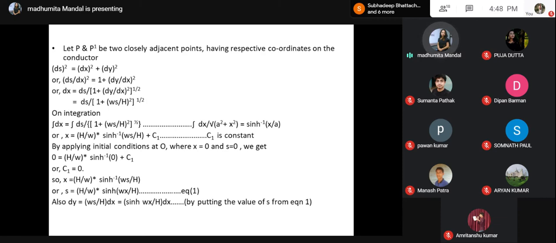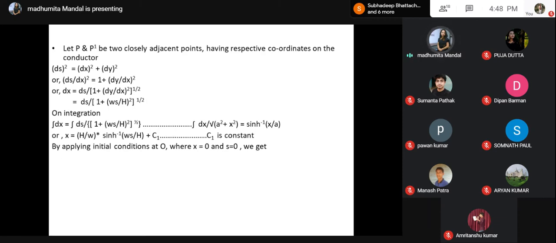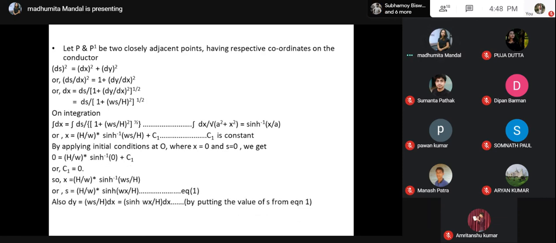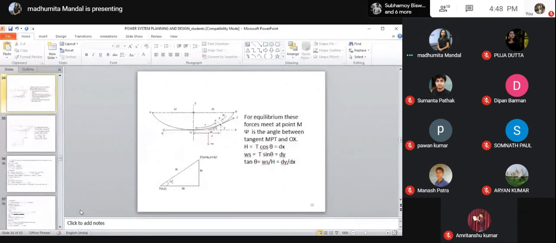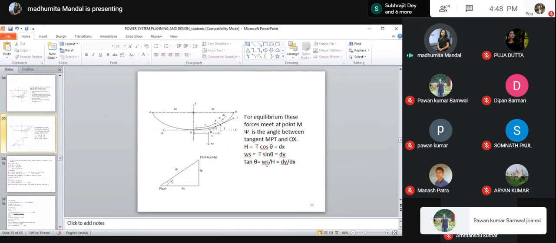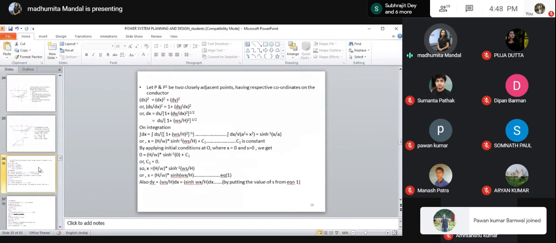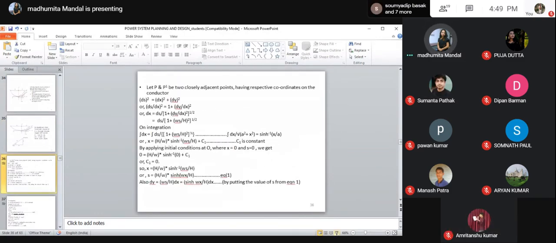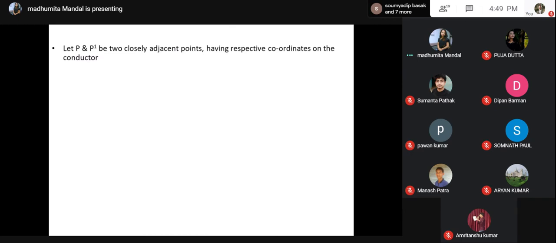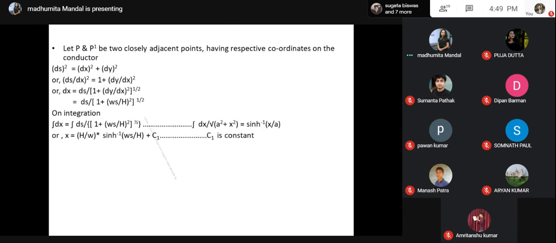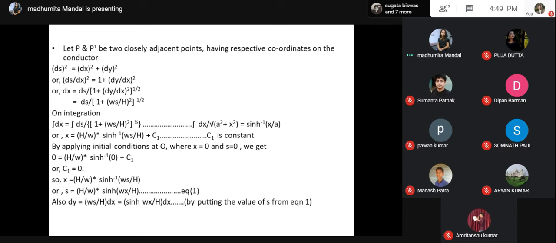Also, from this equation, dy by dx is equal to ws by h. This equation can be written as dy is equal to ws by h into dx.